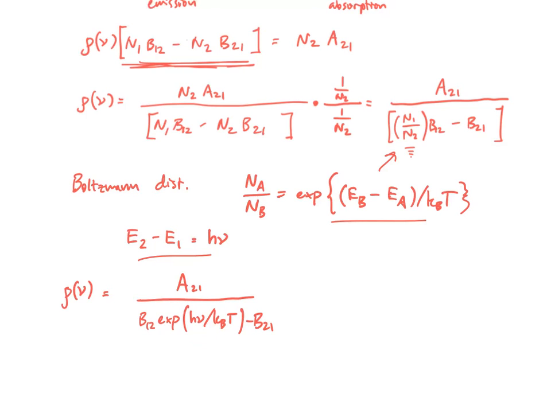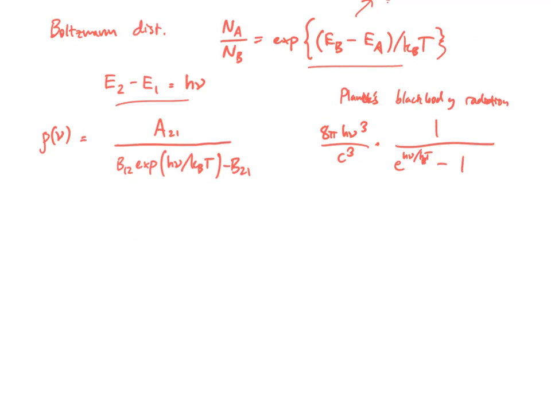Now if you compare this to Planck's black body radiation formula, then it looks very, very similar. We get 8 pi h nu to the third divided by c to the third times 1 over e to the h nu divided by kBT, minus 1.